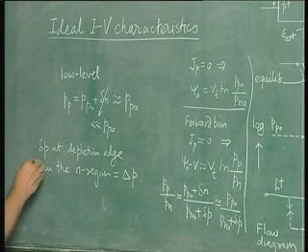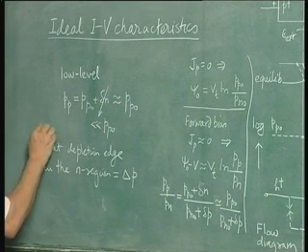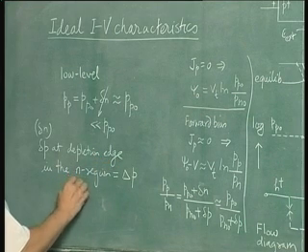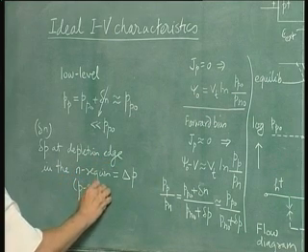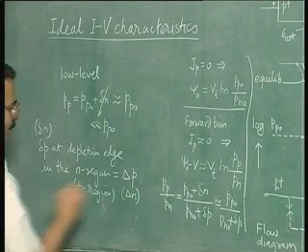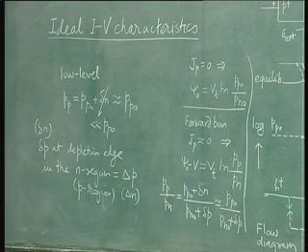Similarly, delta N at the depletion edge in the P region will be capital delta N. Okay.